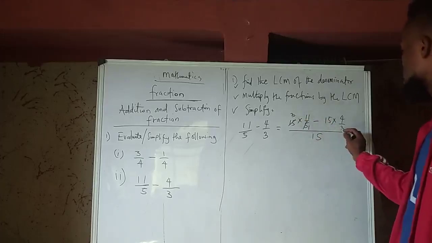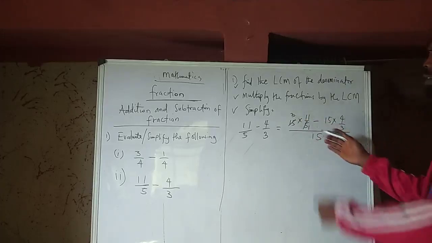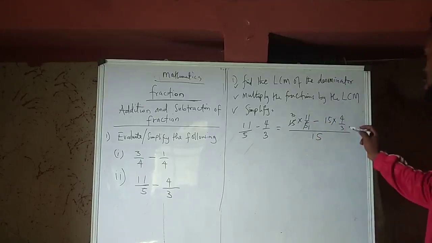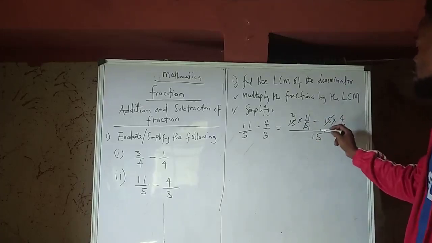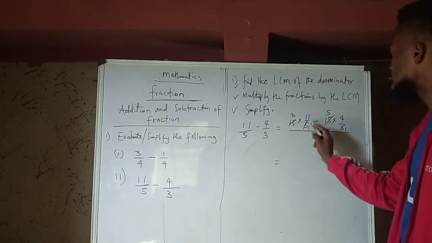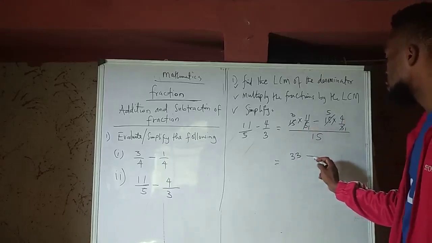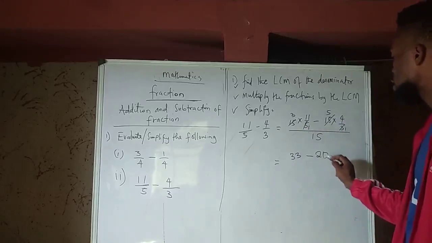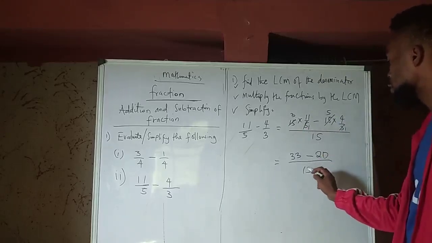In this other part, this is the simplification part now, remember? So 3 into 3, 1, 3 into 15, we have 5, right? So this now becomes 3 times 11 is 33, minus 5 times 4, which is 20, all over 15.